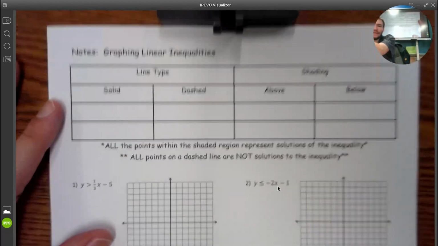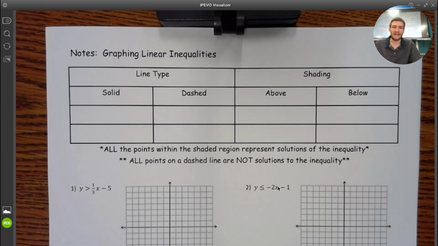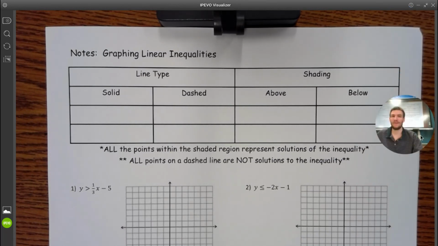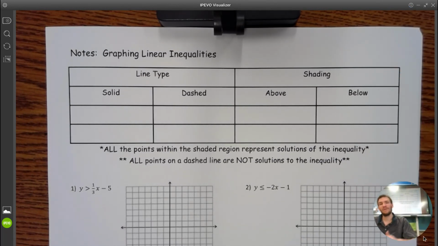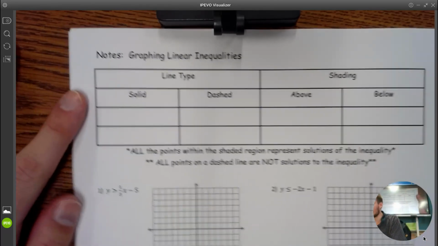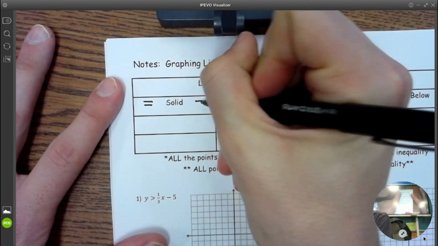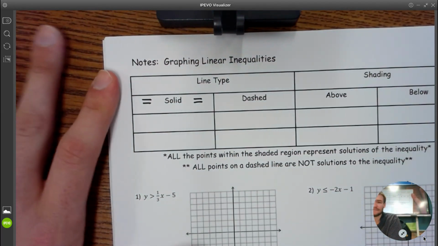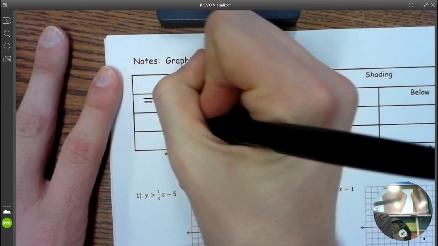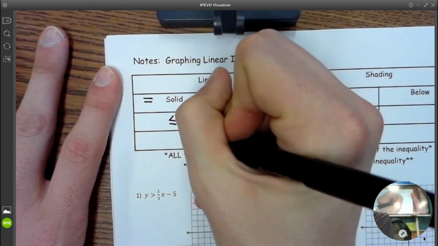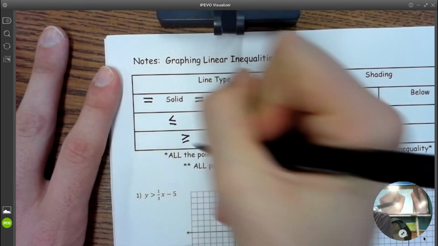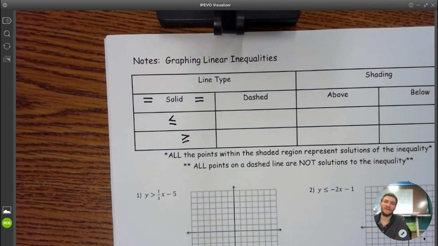You might remember the line type, solid, dash, the shading, whether we're shading above or below. That's all coming back. Solid lines are going to come from anything that has an equal sign, so less than or equal to or greater than or equal to. Anything with an equal sign is going to be solid.